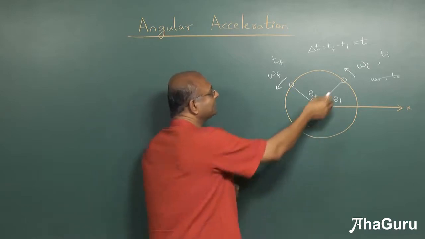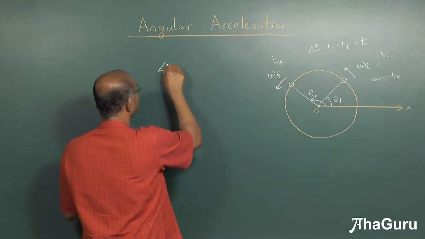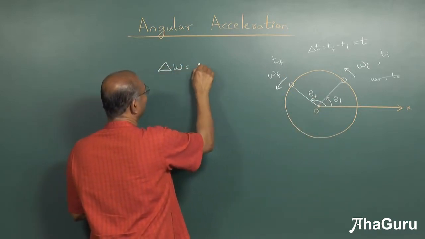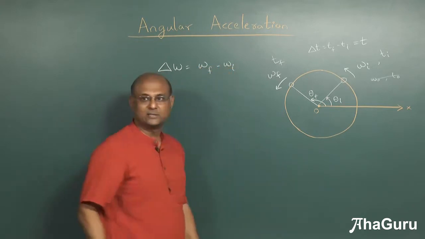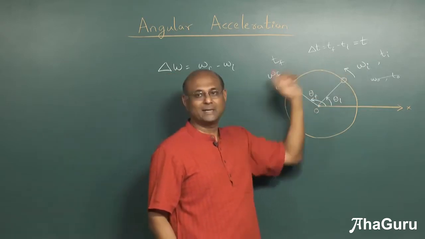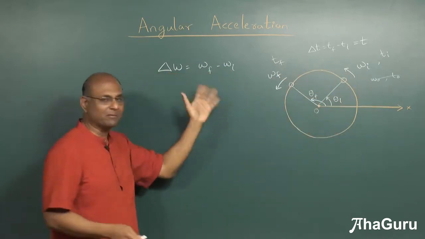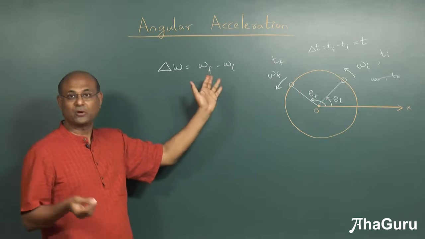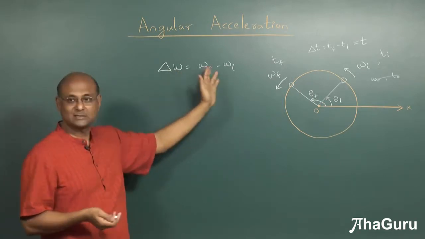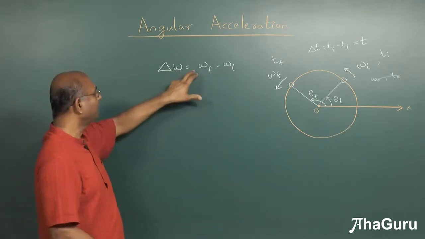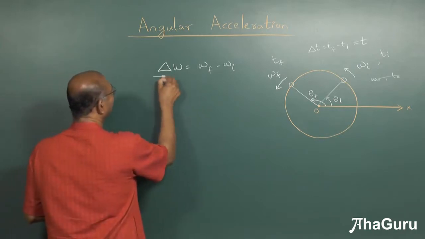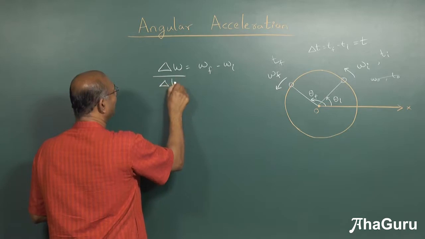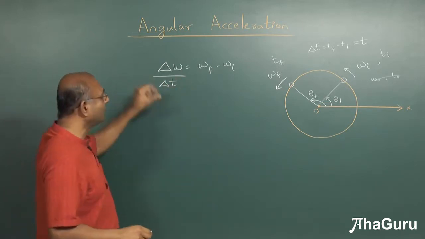Now, there is a delta omega, a change in omega. How much is that? Omega final minus omega initial. Final omega minus initial omega is delta omega, exactly like what we would do for v minus u: final velocity minus initial velocity is the change in velocity. When I divide this by time, I try to find the rate of change of angular velocity.